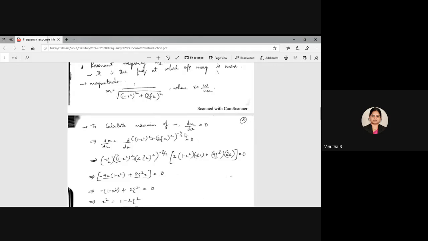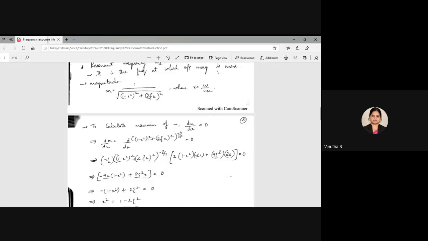So this is how you write it down. I hope you have all understood how I have written this. I have taken this denominator term to the numerator, and instead of the square root I have taken it as the power minus half. If it was in the denominator, it would have been just to the power half, and when you shift it to the numerator, it becomes minus half. That is equal to 0. Now let's differentiate this.